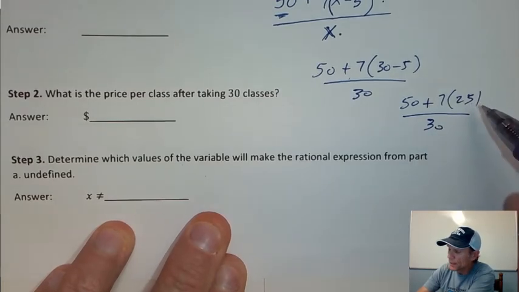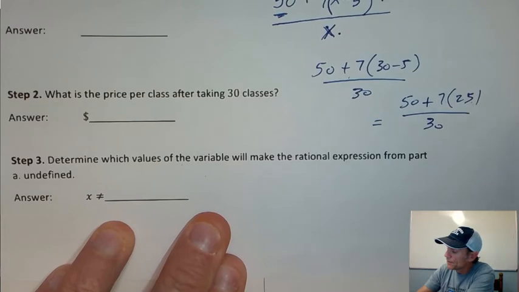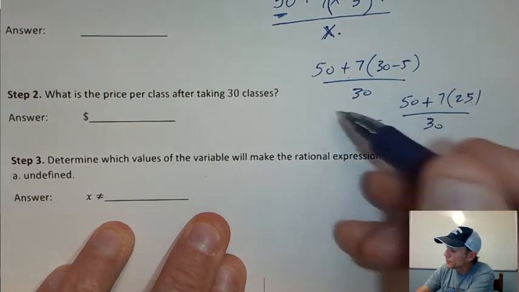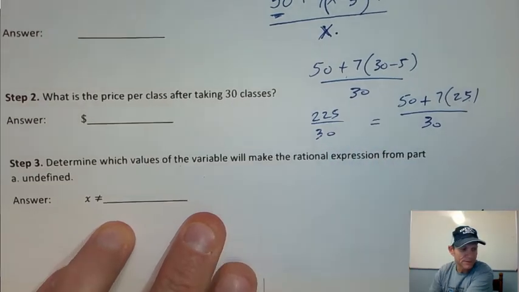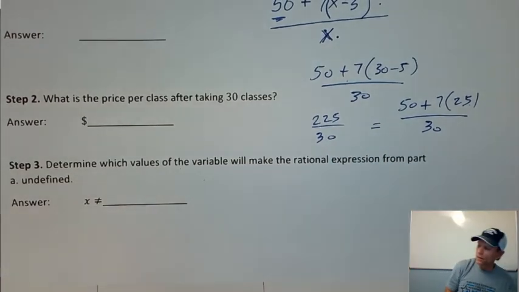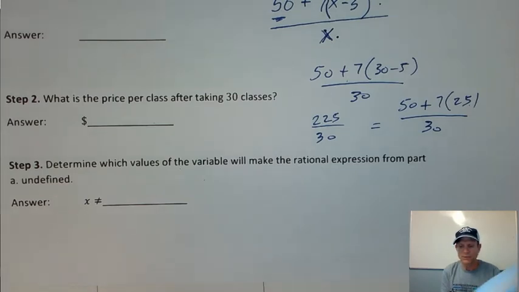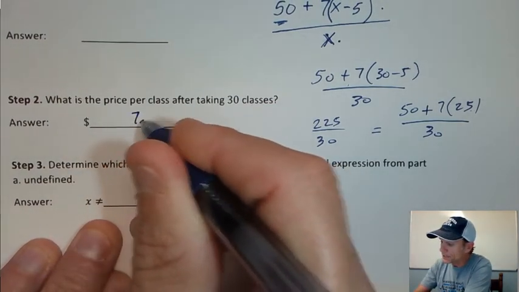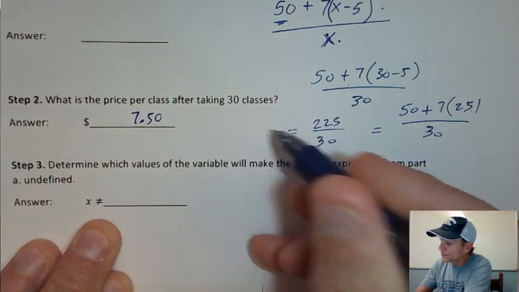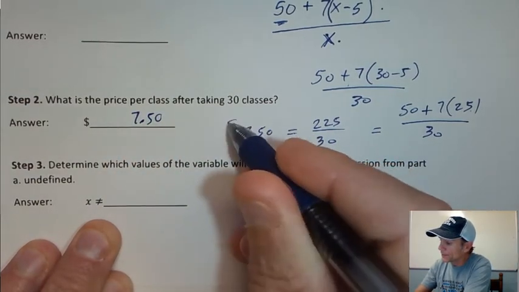This comes out to 225 over 30, and when we divide that out, 225 divided by 30, we get $7.50 per class.